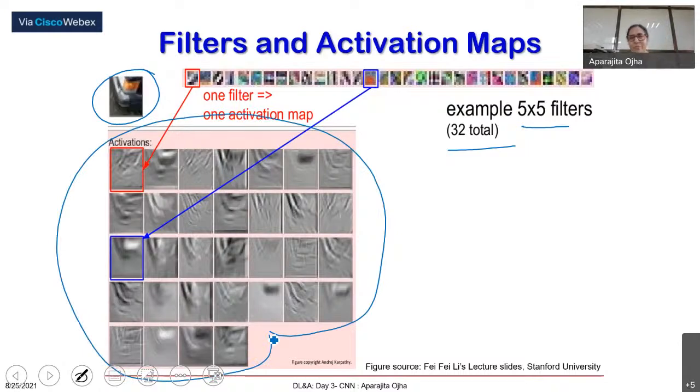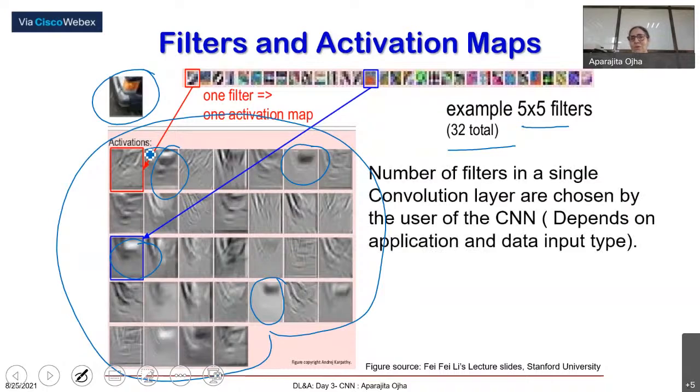Because we have 32 filters, you'll be getting 32 activation maps, right? When you see these activation maps, you must have seen that there are certain maps which are quite similar, like this one and this one. This one is quite close to, say, this one. So there are some similarities, right?